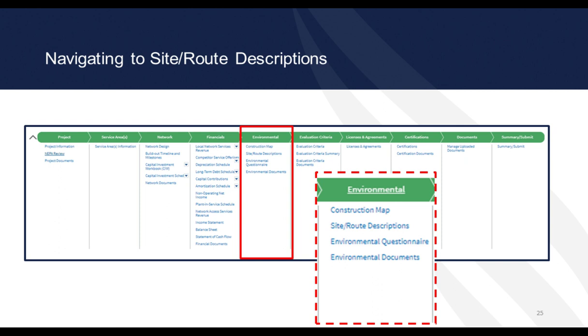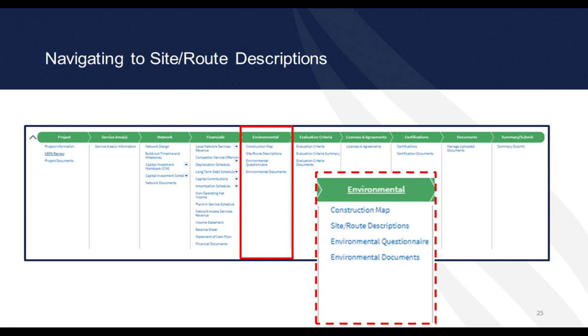So how do you navigate to the site and route descriptions? Keep in mind that you should have already named and drawn your sites and routes on the construction map before starting on the descriptions. So you do start by going to the environmental tab, as you can see on the screen, and then to the site and route descriptions page.